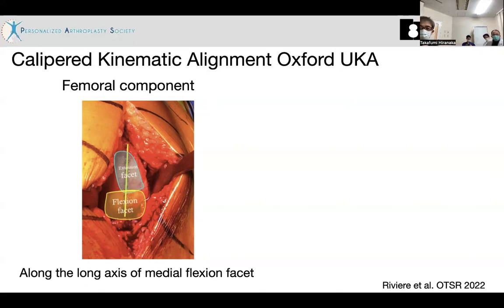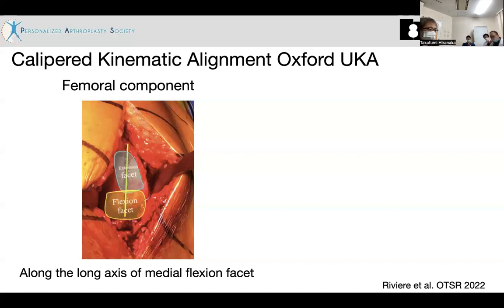Okay. So draw the flexion facet, the longitudinal axis of the femoral articular surface. We can see some, how can we say, scratches or lines.